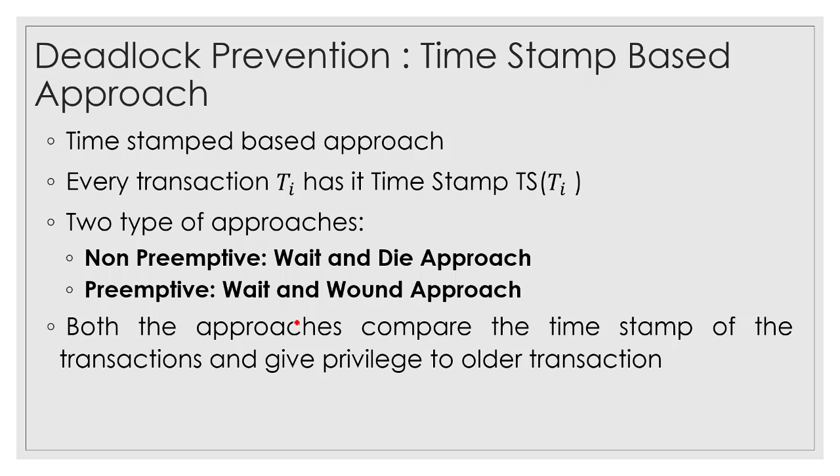One is non-preemptive, meaning no transaction can hamper another transaction. It is called the wait-die approach. The second one is a preemptive approach, where a transaction is going to hamper another transaction, and it is called the wound-wait approach. In both approaches, it compares the timestamps and gives privilege to the older transaction.